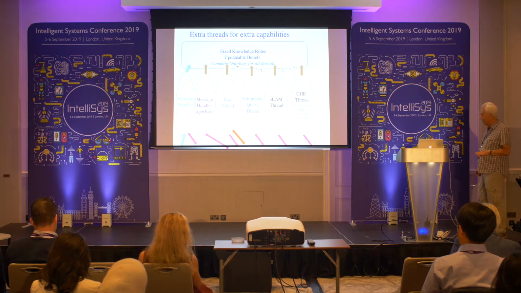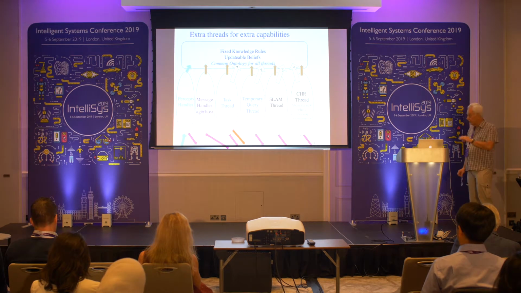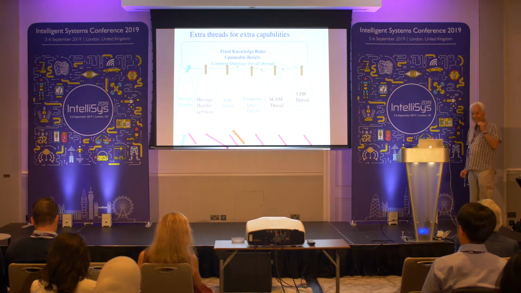And it doesn't matter if that information isn't there. The rules are just skipped, right? But as soon as that information gets put in the belief store by that SLAM thread, these rules kick in. You have them before the default rules, and they just automatically kick in. So as the thing is learning about its environment, it will automatically improve its behavior.